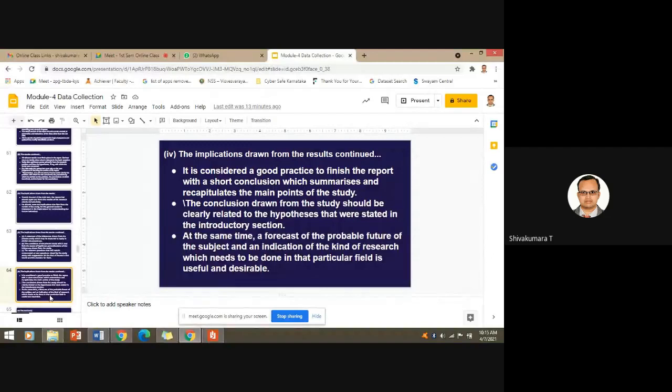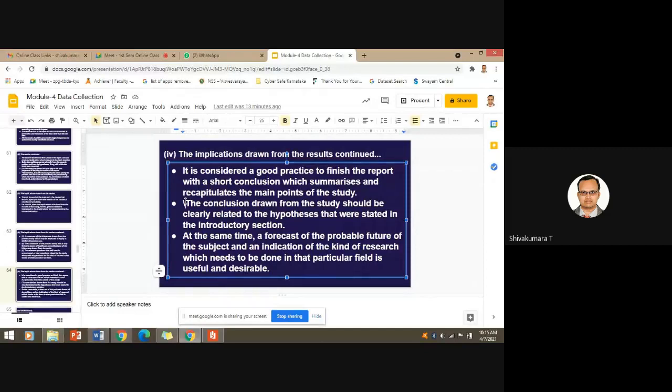The conclusion drawn from the study should be clearly related to the hypothesis that was stated in the introductory section. Whatever hypothesis you defined in the introductory section for experimental studies should be matched here in the conclusion part. If you define something in the beginning and write something else in the conclusion, with no connectivity between the report opening and closing, then that report is not at all a good report.